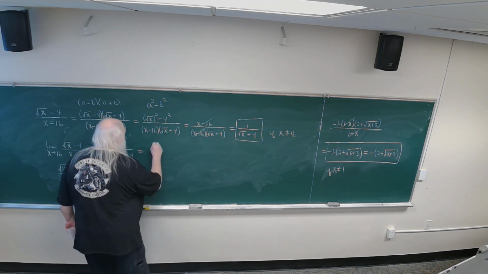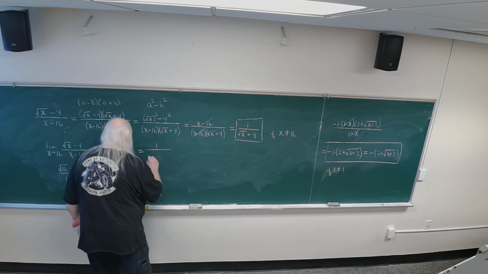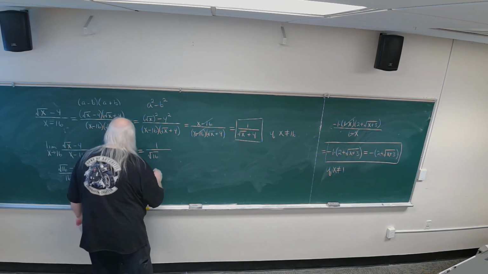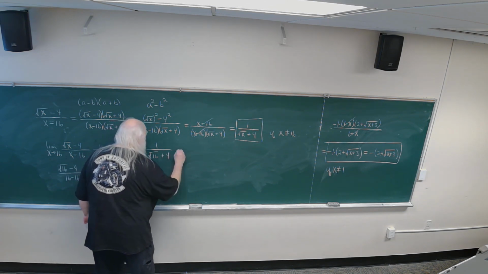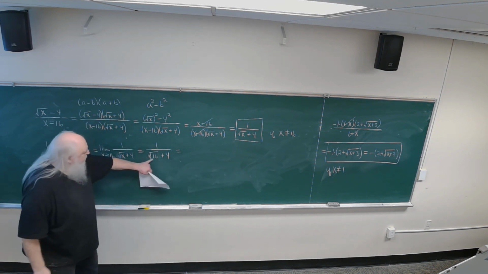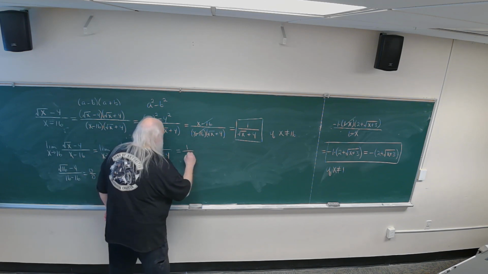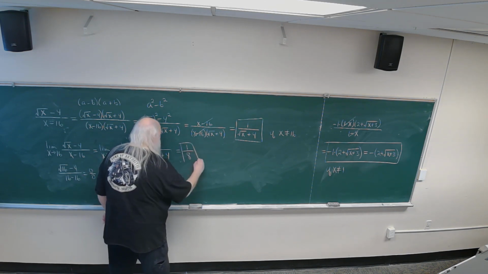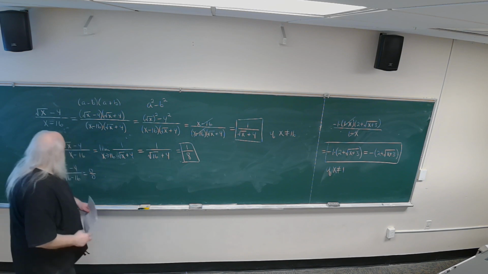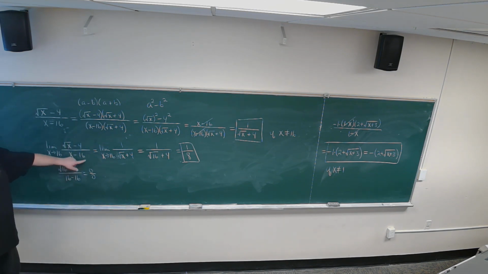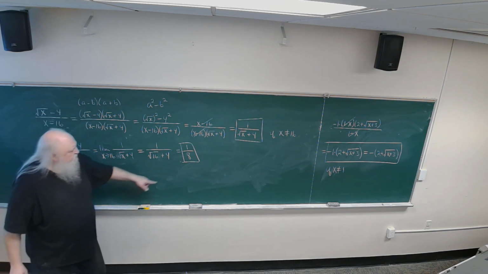And we have 1 over square root of 16 plus 4. Square root of 16 is 4. 4 plus 4 is 8. So this is just equal to 1/8. So this quotient is undefined at x equals 16. But the closer the value of x is to 16, the closer the value of this quotient is to 1/8.